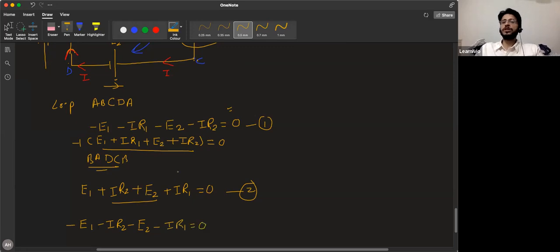So these two equations are different or same equation, Alia? Same equations. So it does not matter which loop you choose. The equations are independent of the choice of loop.